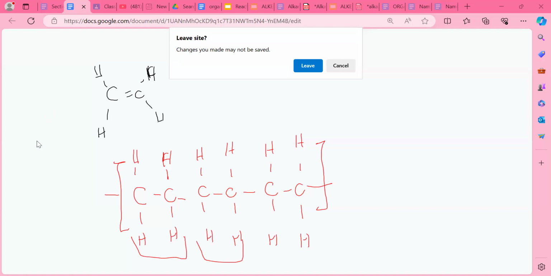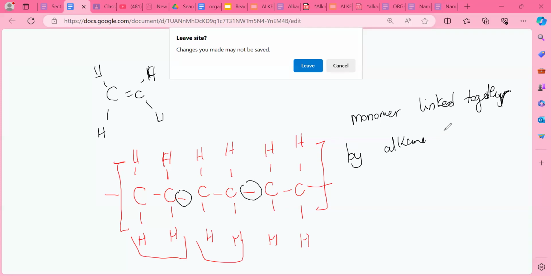The monomers are linked together by a carbon single bond, by an alkane linkage. So the partial structure of polyethene is this.